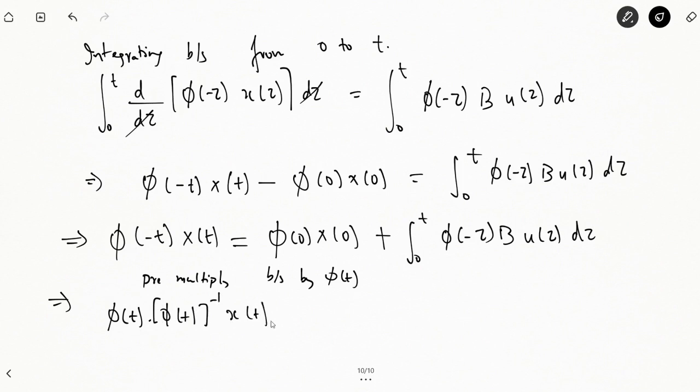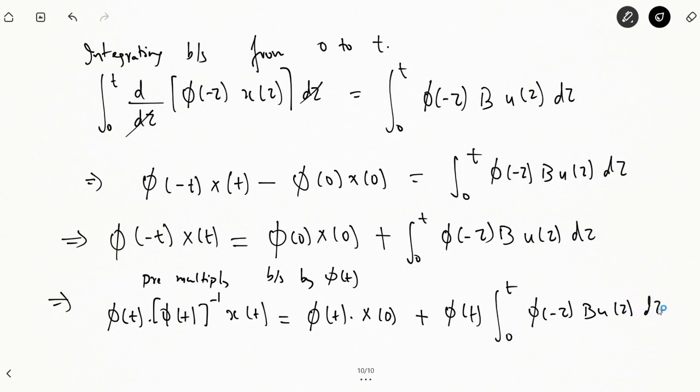Into x(t) is equal to phi(t) into phi of 0, which is the identity matrix, into x0, plus phi(t) times the integral from 0 to t of phi of minus tau B u(tau) d tau.